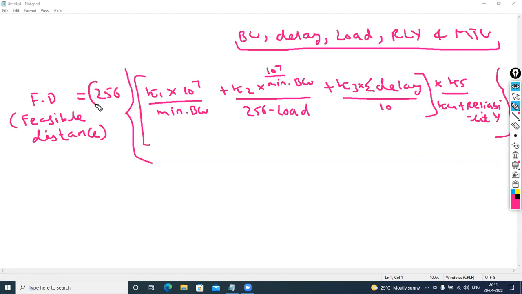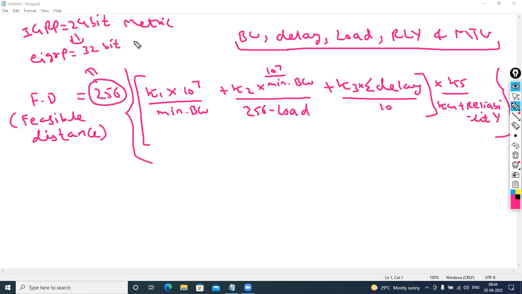The reason why we multiply this by 256 is because the older EIGRP was a 24-bit metric. EIGRP is now a 32-bit metric. So the difference is 8 bits.